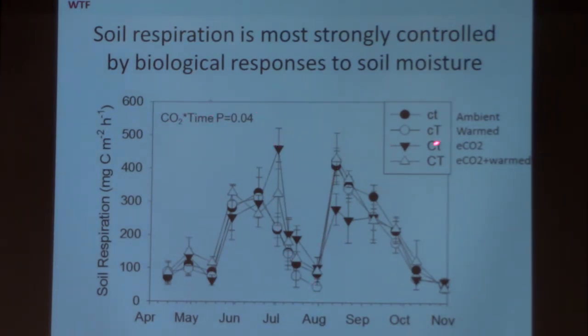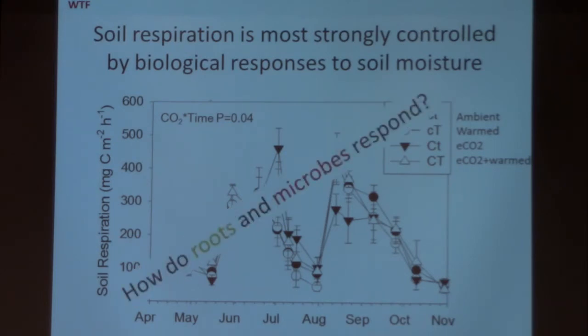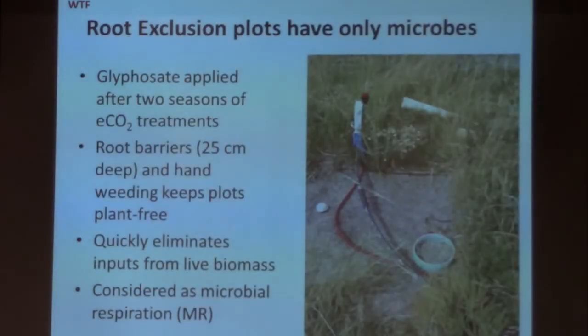Sometimes the elevated CO2 treatment had higher respiration rates, sometimes lower. So it's challenging to understand what's going on when you're looking at the total flux of soil respiration. The background of what's going on there specifically is a little bit to the side of how the roots and microbes respond and how the partitioning was done.